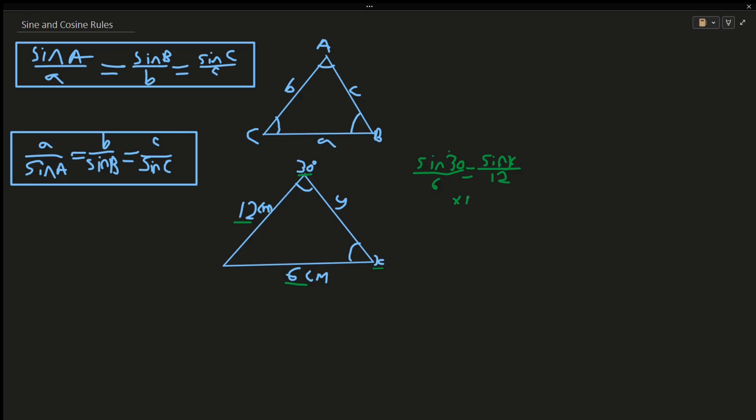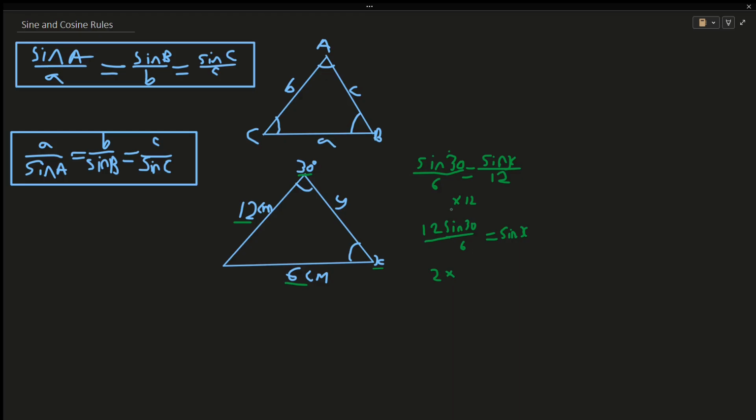Now what we want to do is rearrange, so times by 12. We get 12 sine 30 over 6 is equal to sine x. Now we can simplify that. 12 divided by 6 is 2, so we've got 2 times sine 30.